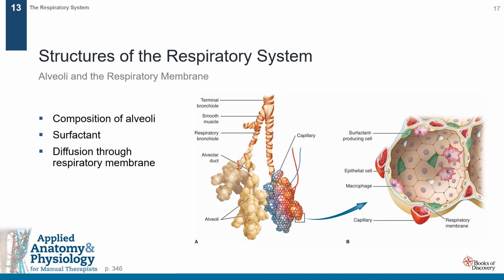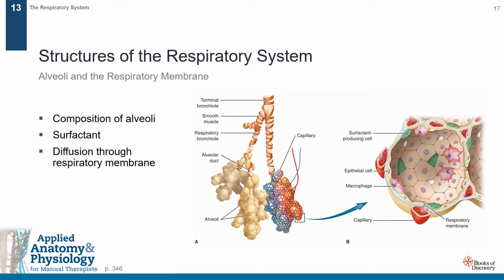Oxygen and carbon dioxide are exchanged between the air in the alveoli and the blood in the surrounding capillaries. This exchange occurs via diffusion through the extremely thin barrier formed by the alveolar and the capillary walls, collectively called the respiratory membrane.